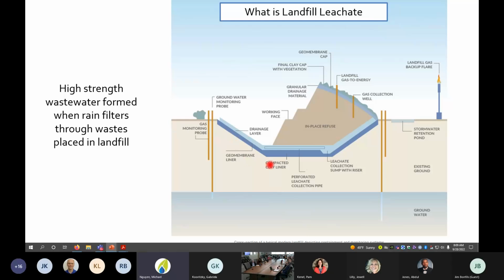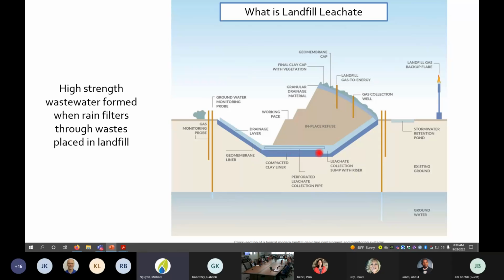There's a compact clay liner along the bottom because landfills are open on top while they're being filled with waste, right? So when it rains, the rainfall is falling over all of that material, and you're getting a very concentrated waste. It's high in organics, it's high in ammonia from all the food waste that's in there and things it's coming into contact with.